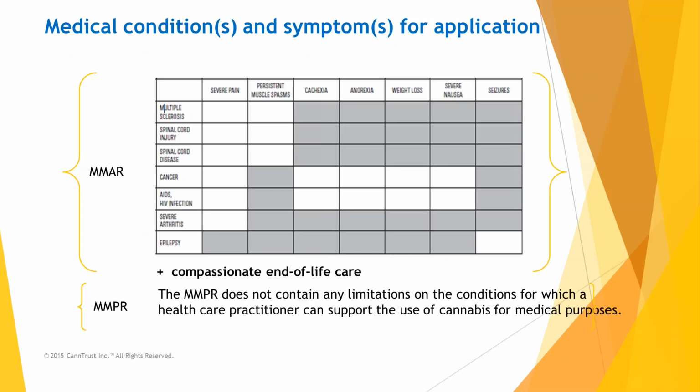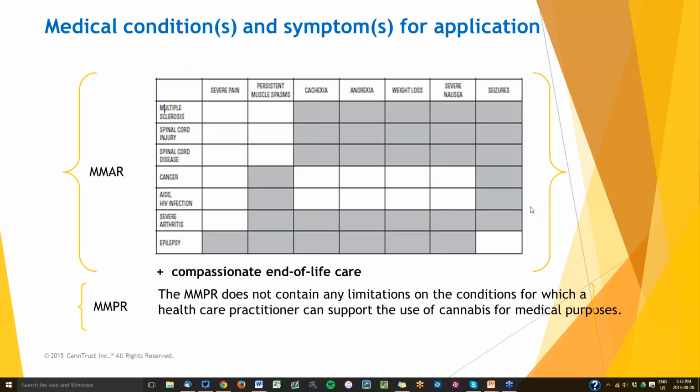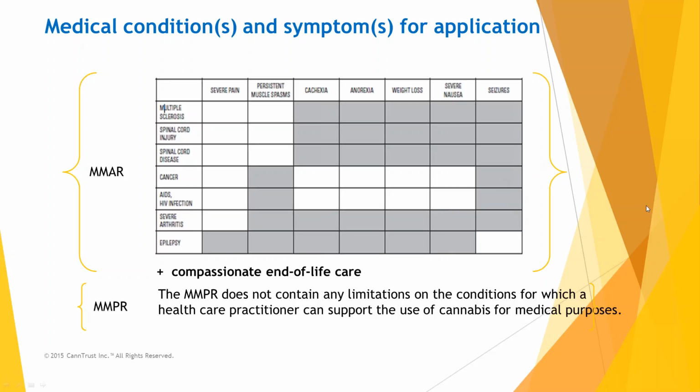So under MMAR, there were two different categories of authorization to have access to medical cannabis. There are predefined conditions that physicians could authorize patients to have access to medical cannabis that you can see on the screen, as well as another category for compassionate end-of-life care, which required two physicians to collaborate to authorize medical cannabis for patients.